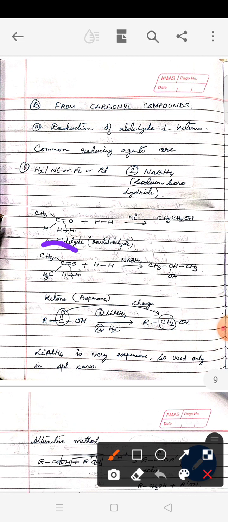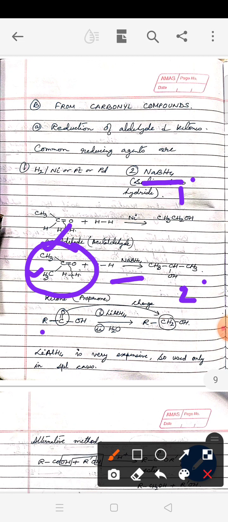Now if you have a ketone, as you can see here, we have both alkyl groups attached to the carbonyl group. Here I have chosen a different reducing agent, sodium borohydride. Ultimately it is the same as addition of hydrogen, but here you get a secondary alcohol. Here you get a primary alcohol, here you get a secondary alcohol, retaining the same number of carbons.